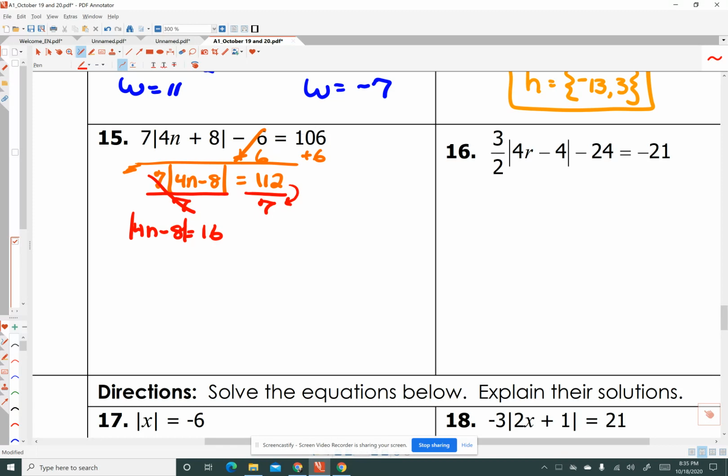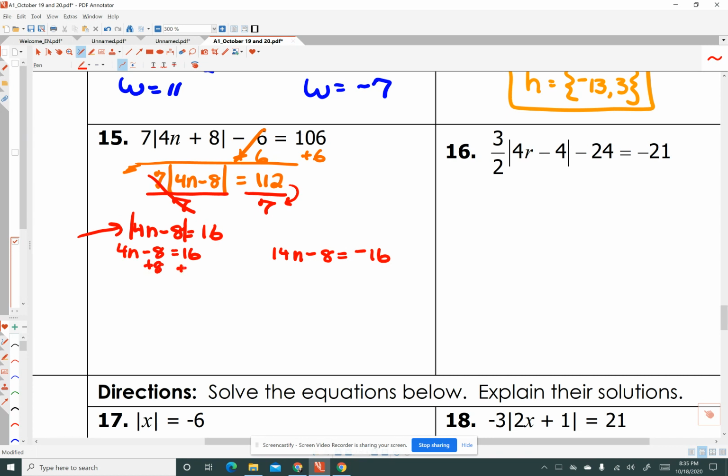Now, remember, step 1, isolate the absolute value term. That's what we've done. Step 1 is complete. Now we set it equal to positive 16 and negative 16. 4n minus 8 equals 16. 4n minus 8 equals negative 16.